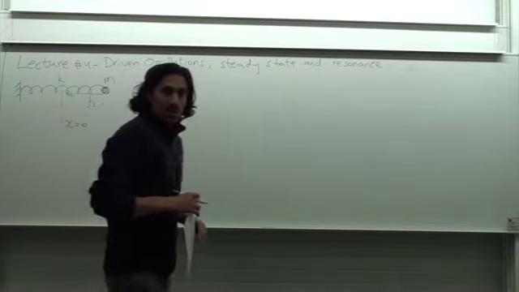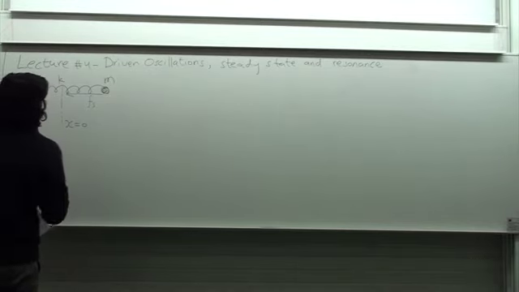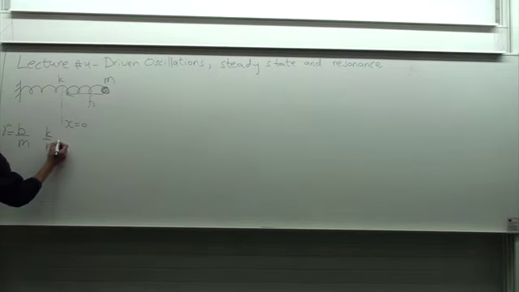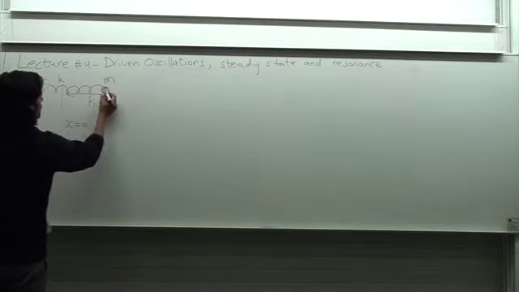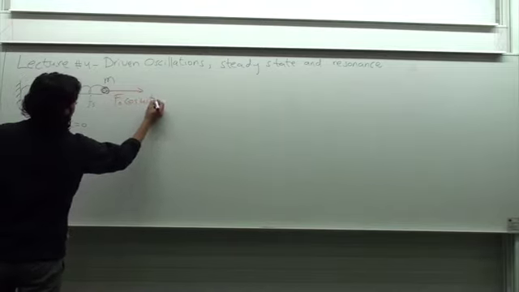We also consider damping, so there is a constant V in the system. We can already define V over M as gamma, and K over M as omega 0 squared. We add the driving force here, F0 cosine omega t.